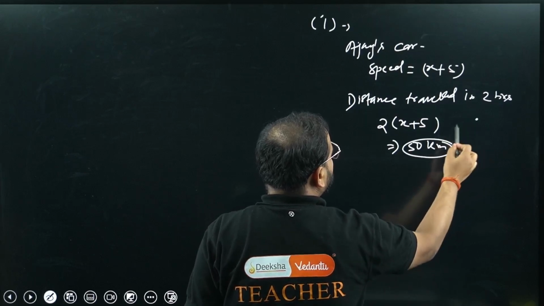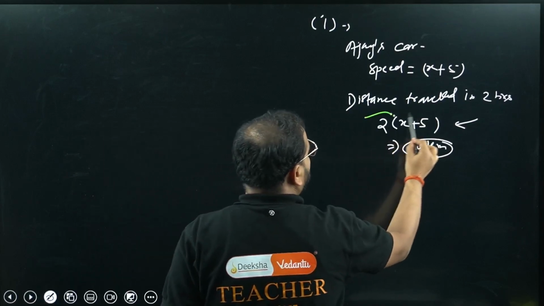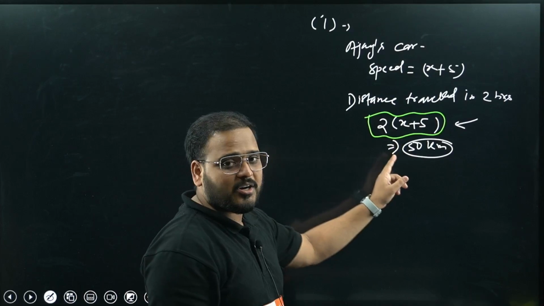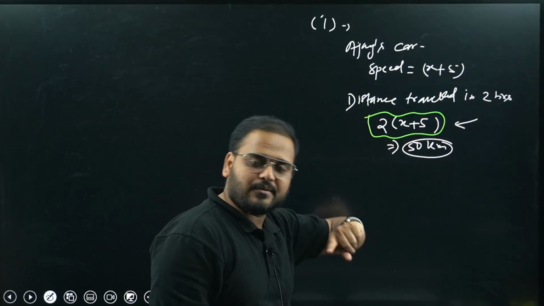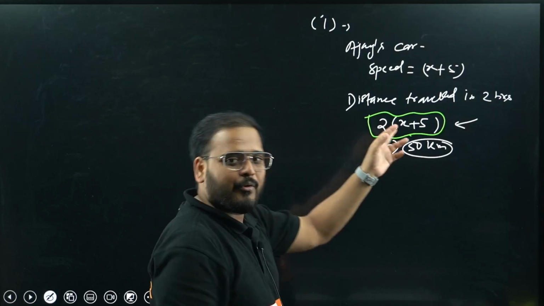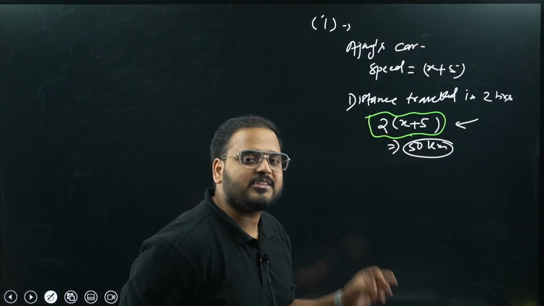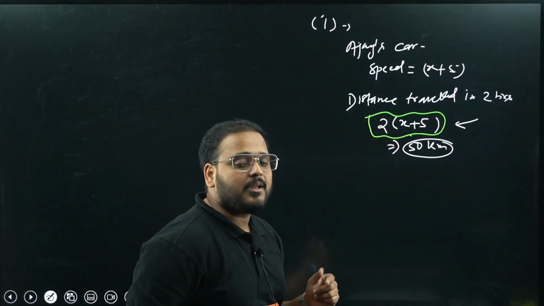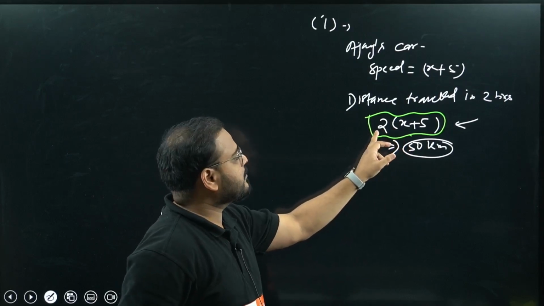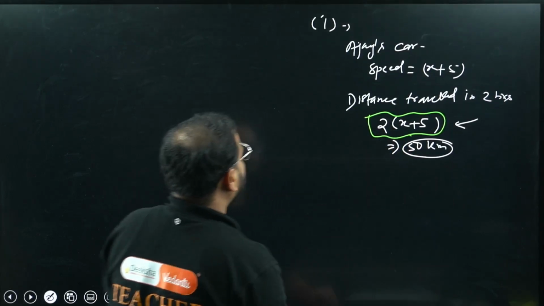But this is actually your answer because they have not asked you to solve initially. X is a variable given in the question, so you can write the answer in terms of the question's variable: 2 times X plus 5. If you want the value, it is 50 kilometers. Okay. Part 2.